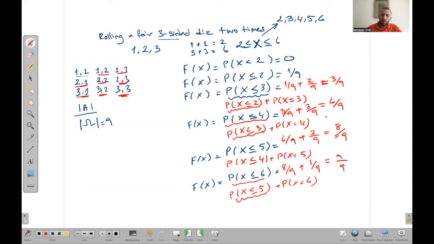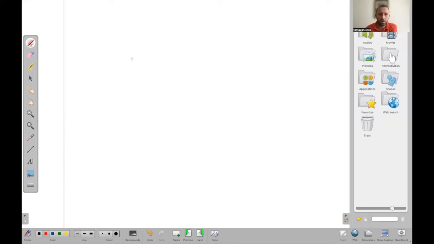So I know all these probabilities, right? The CDFs. So let's create the graph, the CDF graph. Let me write from this point. This is the one, and let's say that is, okay, something like that.